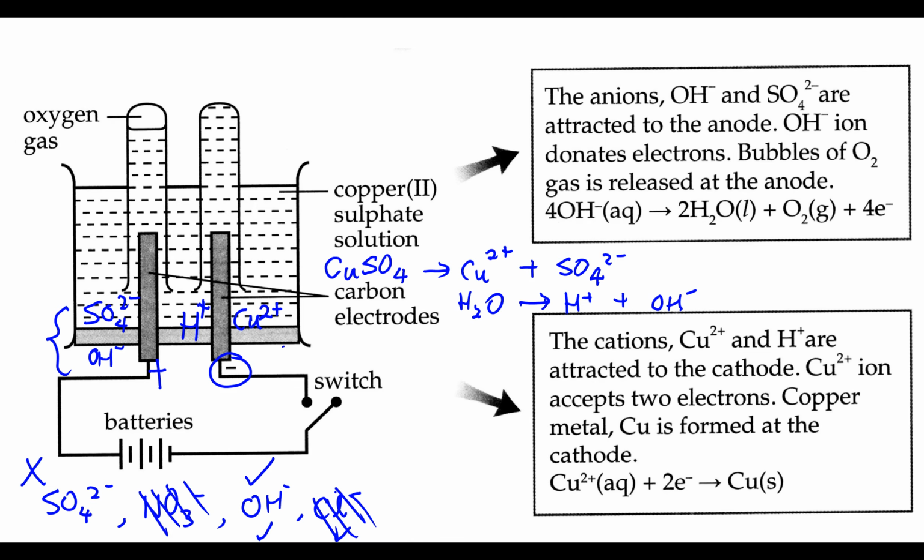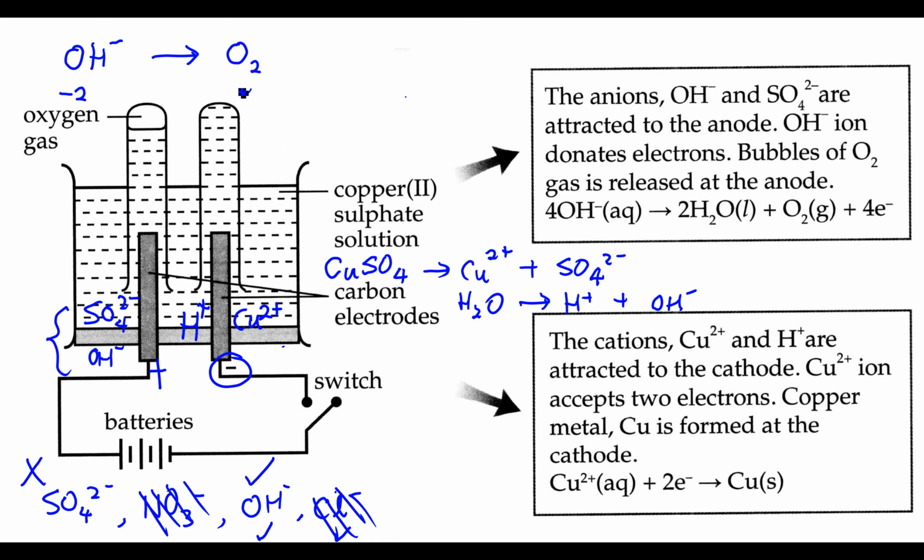How do we write out the equation for the discharge of the hydroxide ion? First, we must know the products of hydroxide ion discharged. Fundamentally, it is the oxygen gas. Right? Oxygen is in the oxidation state of -2.